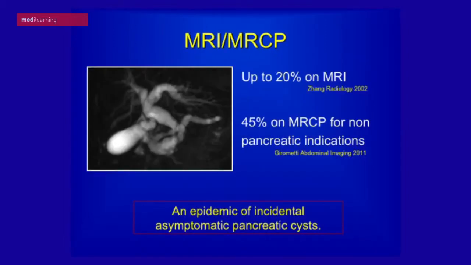In terms of MRI, we have seen an increase of 20% in the use of MRI. MRCP is now performed in up to 45% of people for non-pancreatic indications. And so our clinics are full of these people coming with cysts on their pancreas.